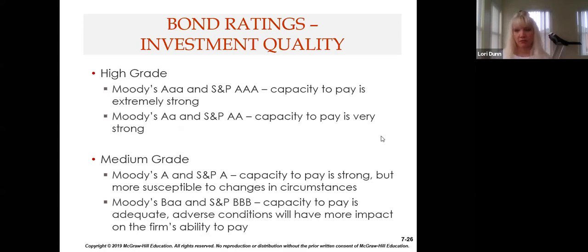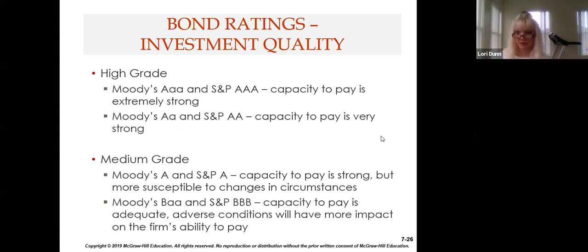And if you don't know or study the corporation, you really don't know. So there are companies out there like Moody's and Standard and Poor's that provide an investment quality bond rating. And they talk about this on your page 211.